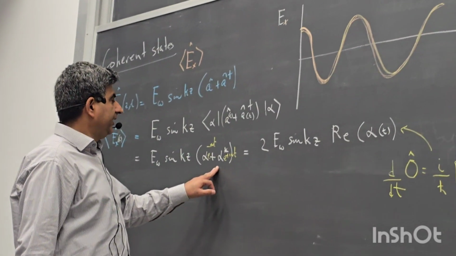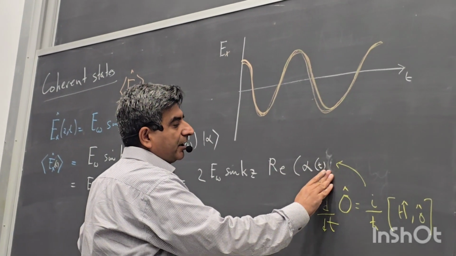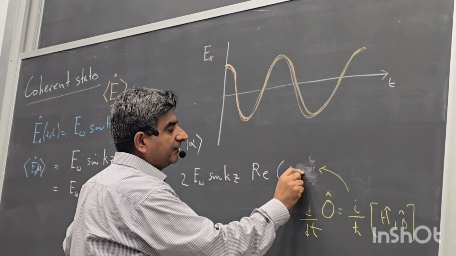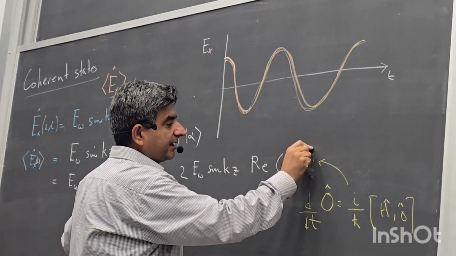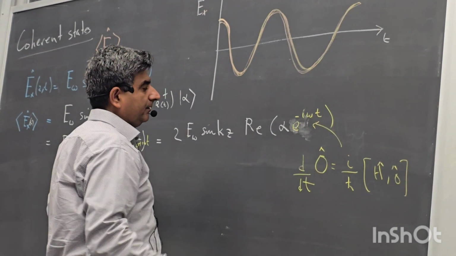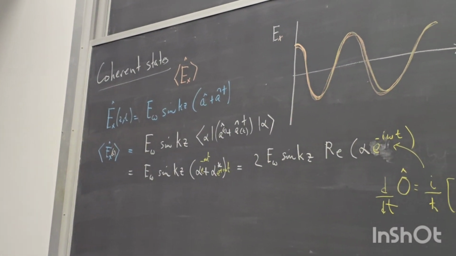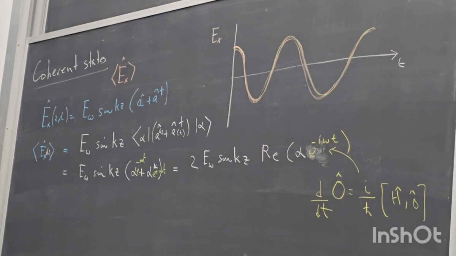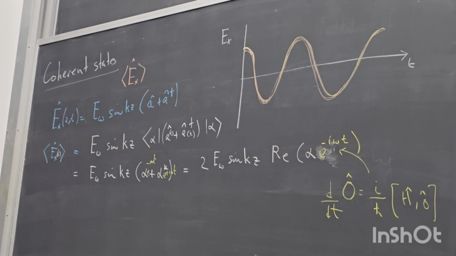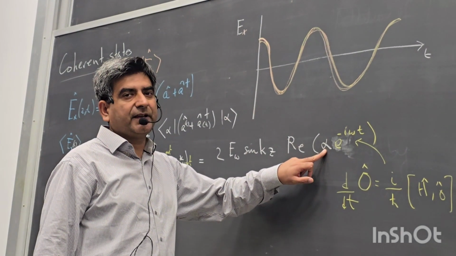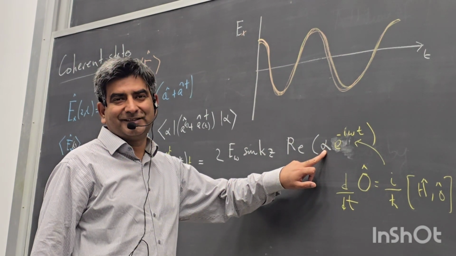So this is really the real part of alpha t, which is alpha e to the minus i omega t. Correct? So suppose alpha is a real number.